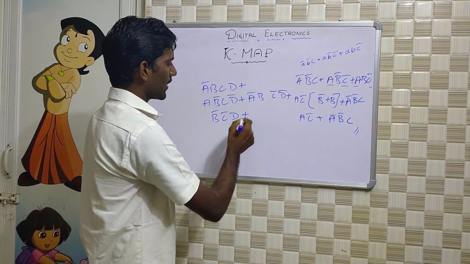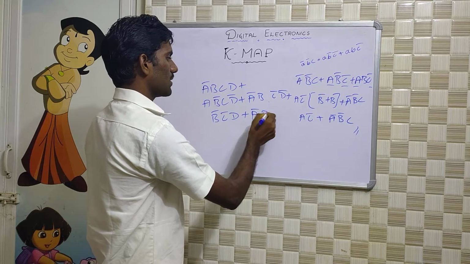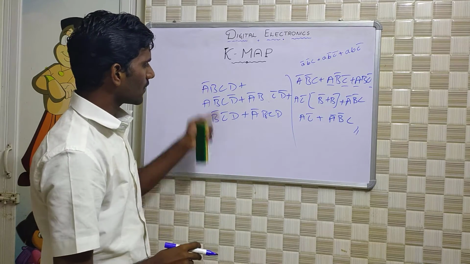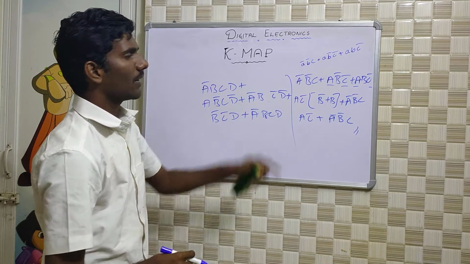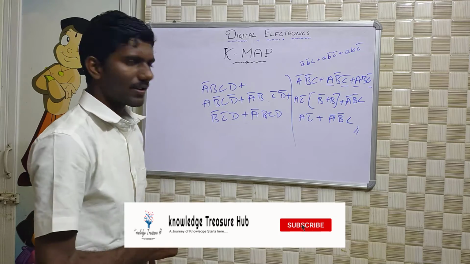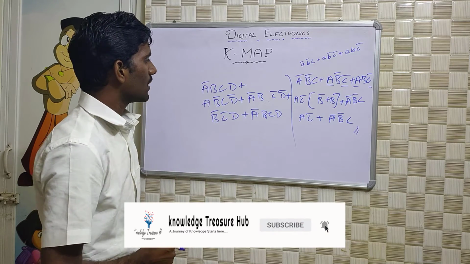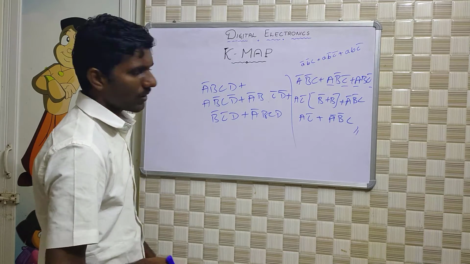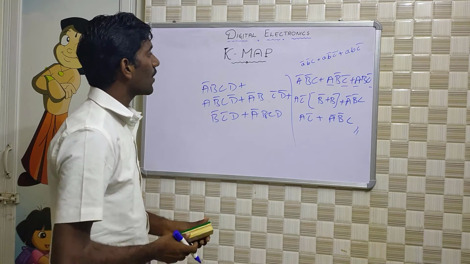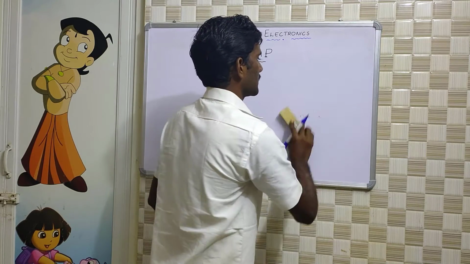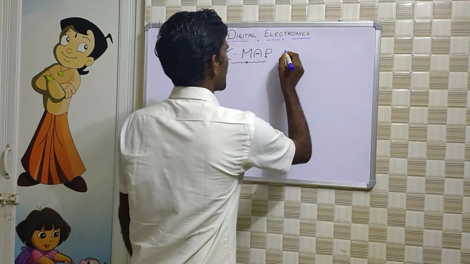If it is something like A B C D bar, then reducing these types of equations by using properties and theorems will be complex and a time consuming method. To reduce that time complexity we are going to the K-map, called Karnaugh map.